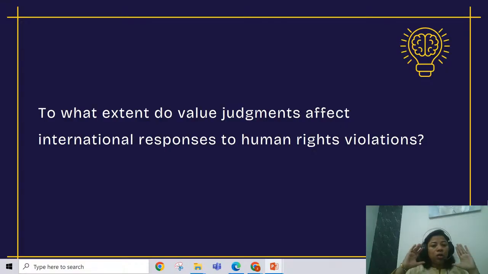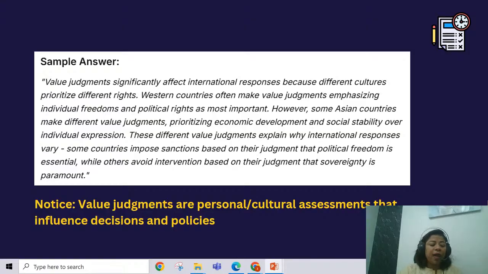Although if you judge that it is correct, different countries have different values, different ethics, different ways to think about things, and hence their value judgments significantly change.